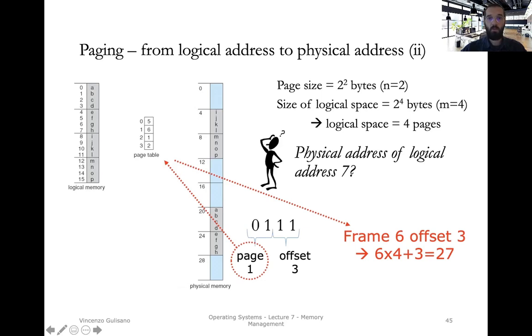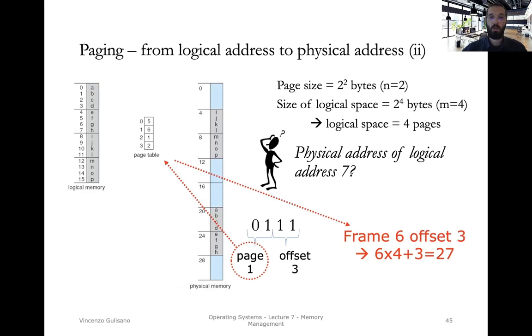And if you go to 27, you will find here H, which is what you want for address 7, okay? Try the example out yourself. Now, I cannot cover it too much in detail. It would take a lot of time, but if you try yourself with a piece of paper, you will see that it's not that complicated.